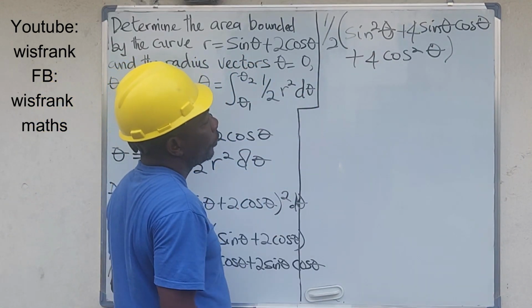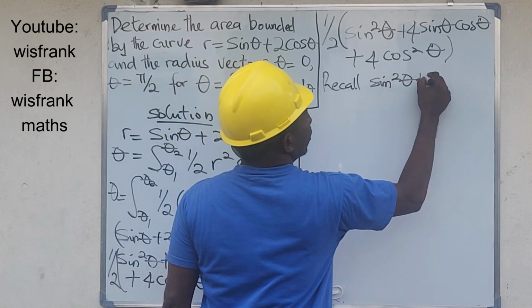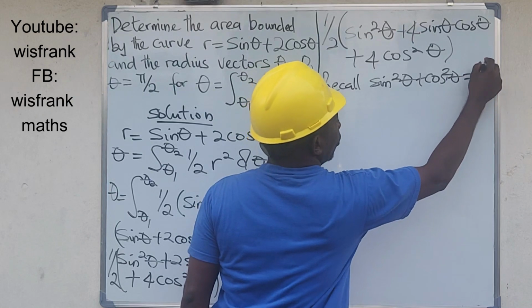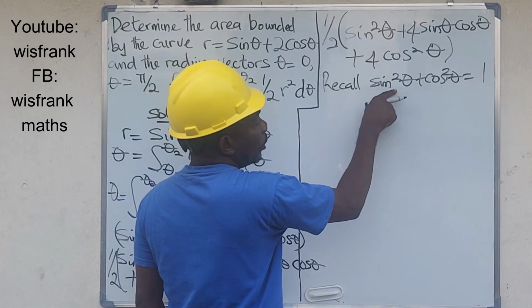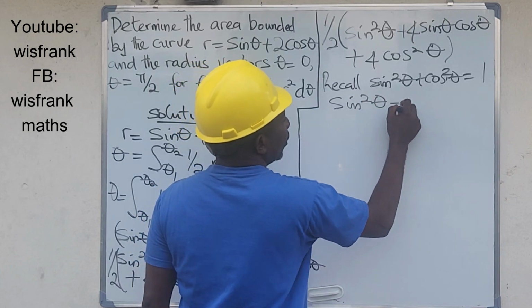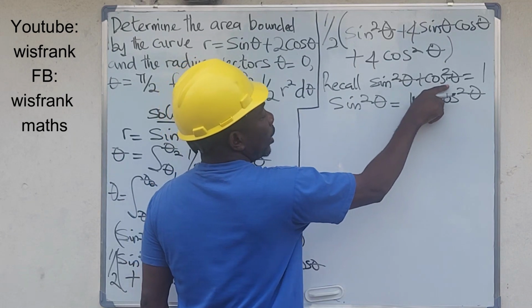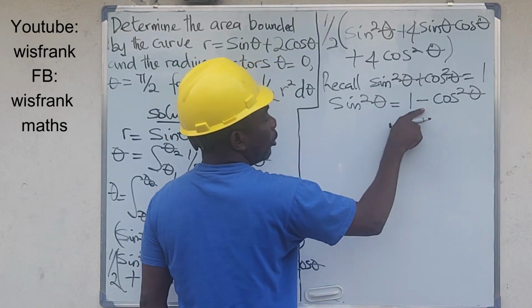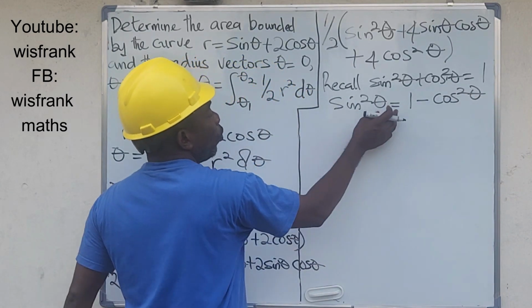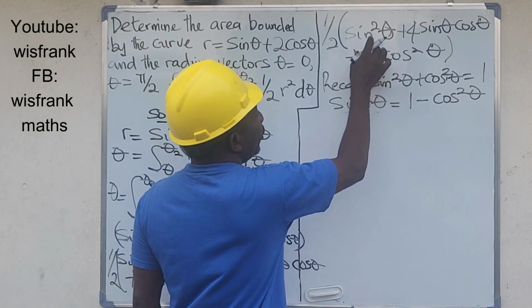In trigonometry, we recall that sine squared theta plus cos squared theta equals 1. So we make sine squared theta the subject of the expression. We have sine squared theta equals 1 minus cos squared theta, because this cos squared theta is transposed to the other side and becomes minus cos squared theta. So we substitute this sine squared theta into this expression.